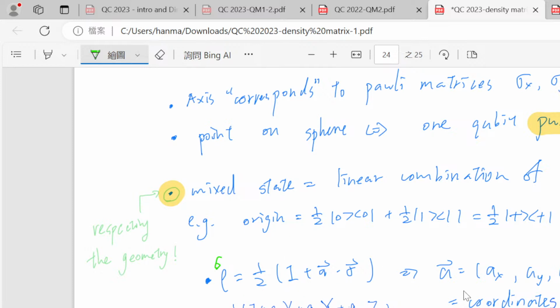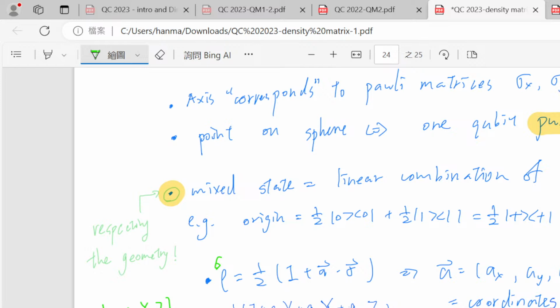That's basically because, remember, in chapter 1 we said that I, x, y, z, so the sigmas and the identity, form a basis for the Hermitian 2x2 matrices, right? And so you can always write your matrix as a linear combination of I, x, y, z.